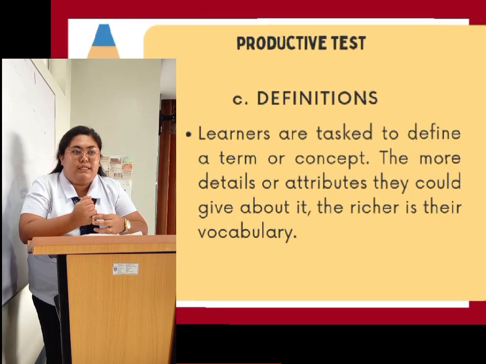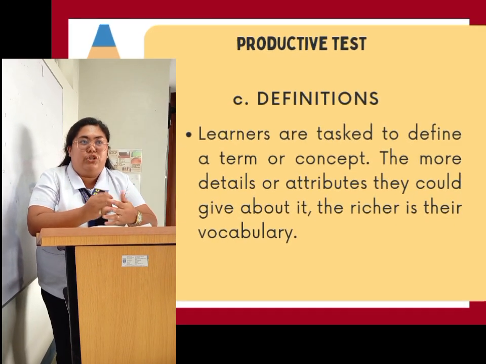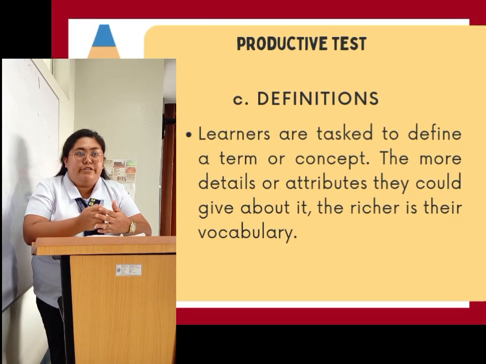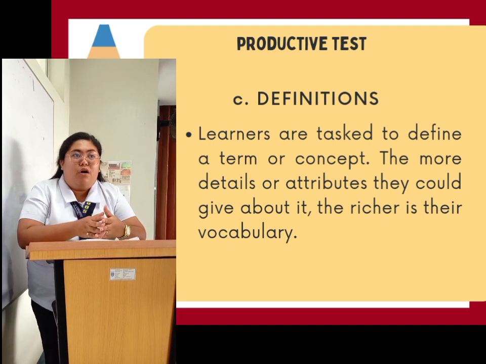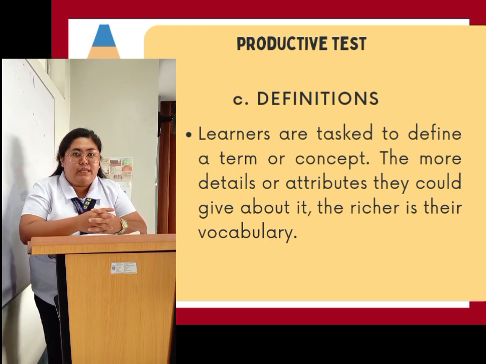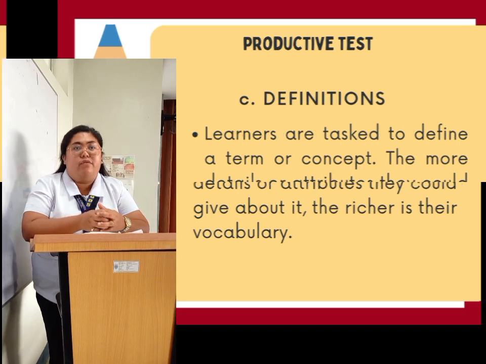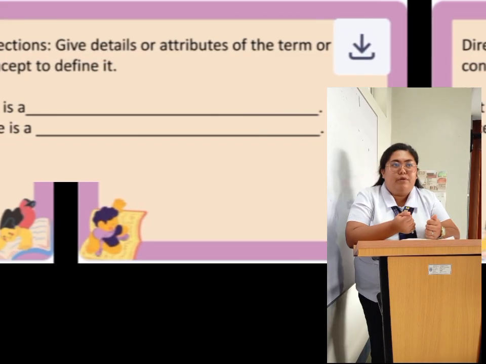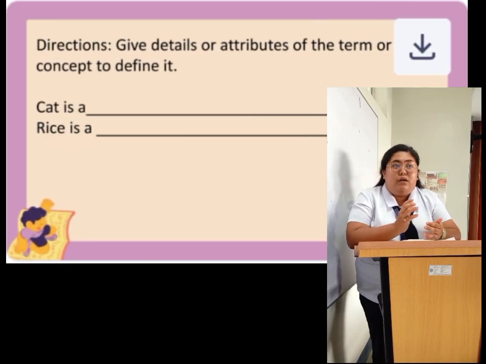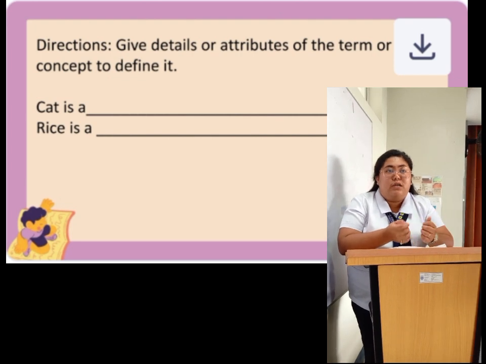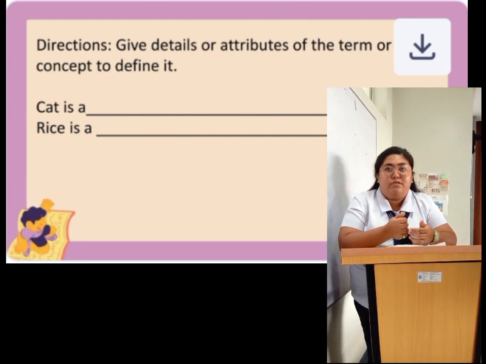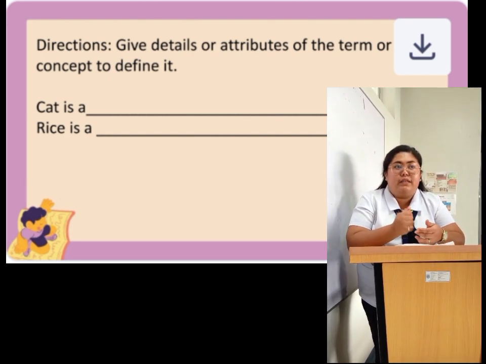The next one is definition. This means that the learners are tasked to define a term or concept. The more details or attributes they can give about it, the richer is their vocabulary. As you can see, the directions give details or attributes of the term or concept to define it.